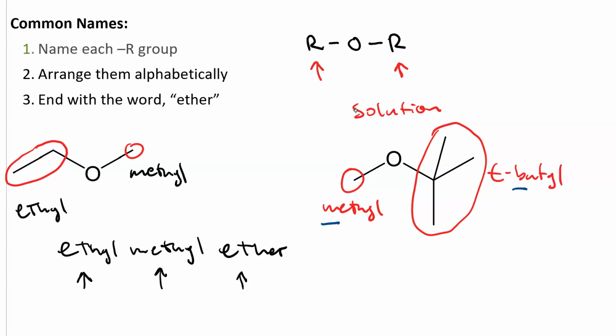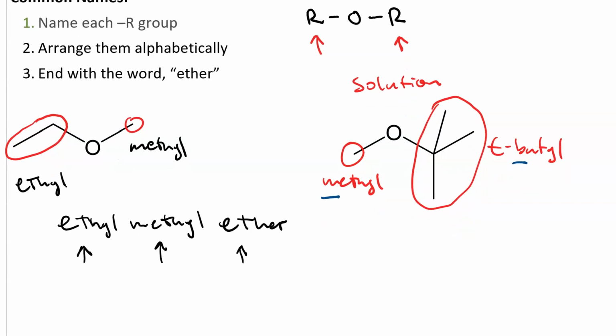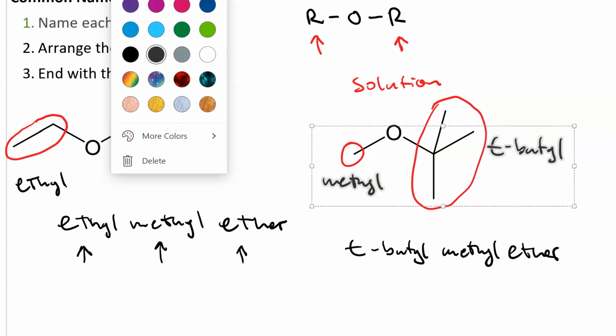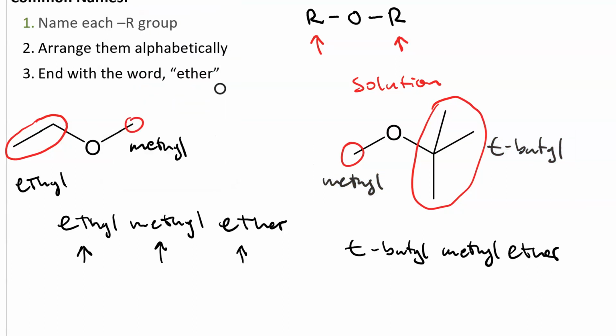B comes before M in the alphabet. So the name is going to be t-butyl, methyl, ether. Again, it's three words. R group 1, R group 2, and ether.